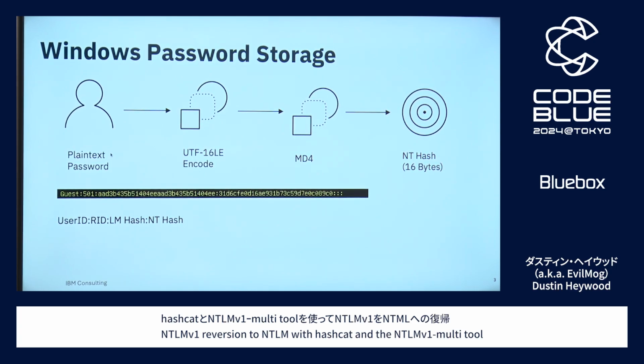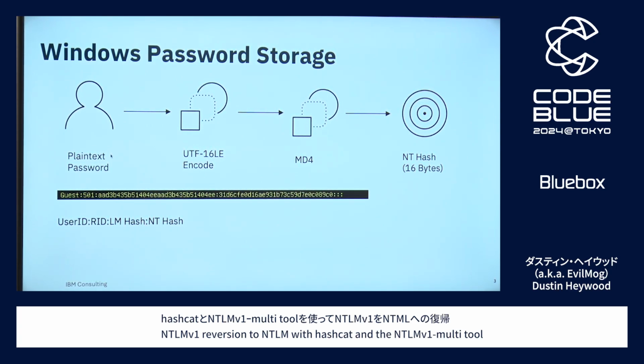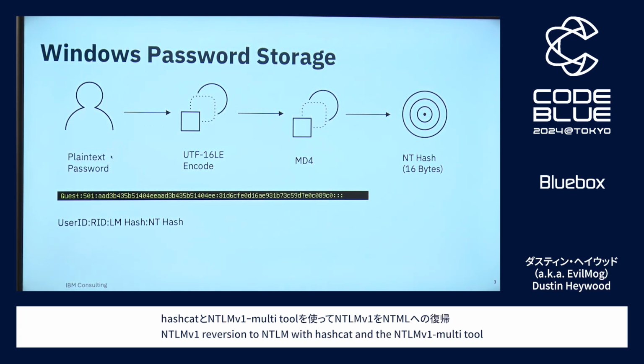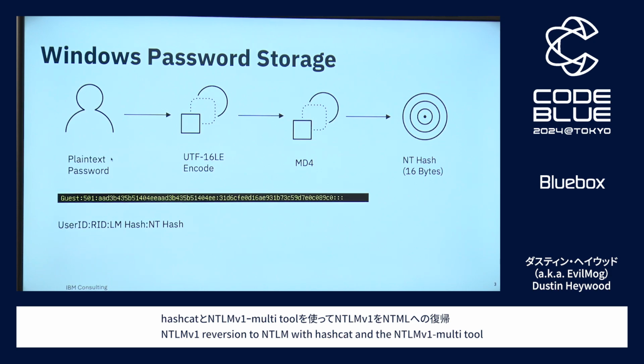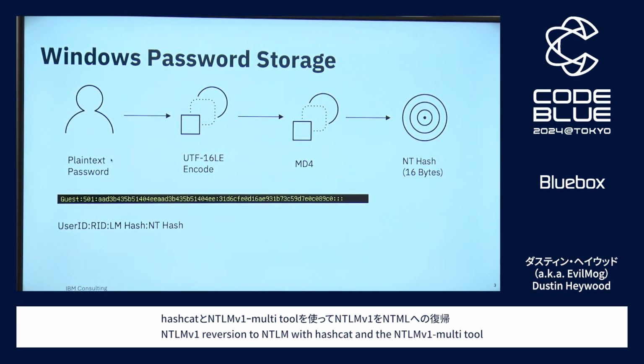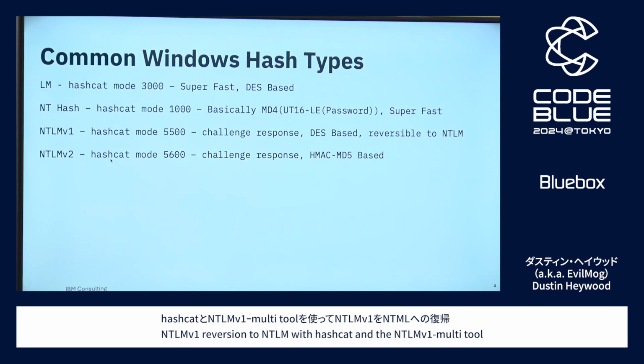So when you dump a system password, you'll see a user ID, the relative ID being the user's ID in Active Directory, the LM hash, which no one uses anymore because it's not 1999, and the NT hash. The reason this gets important is there are a couple of different common password hash types used in Windows.